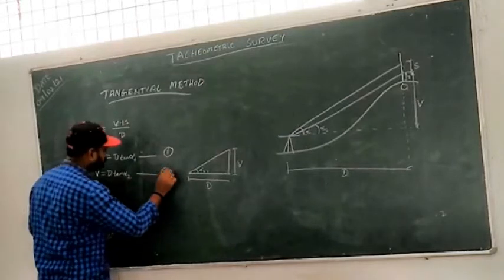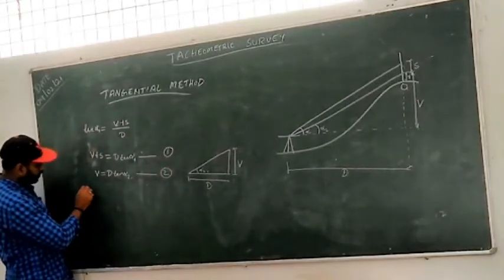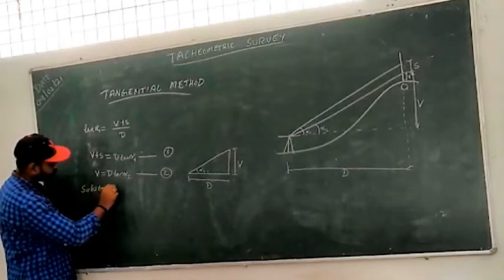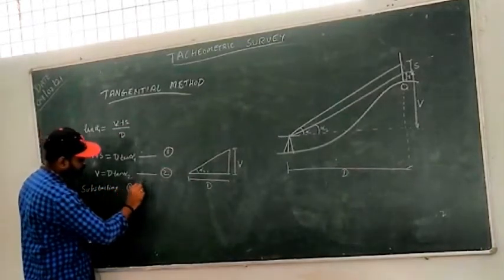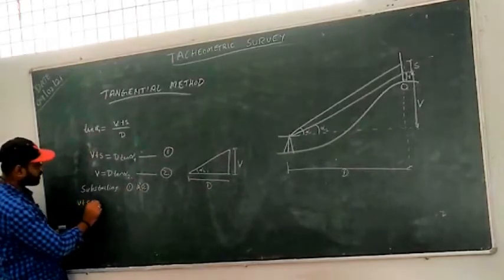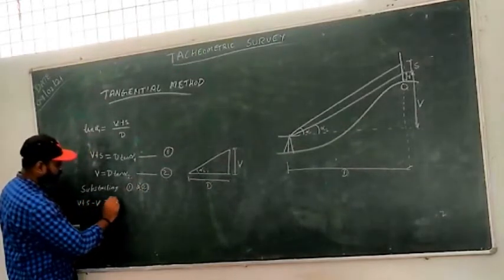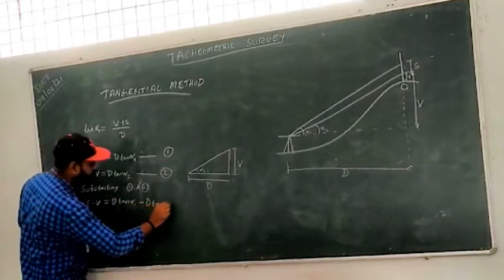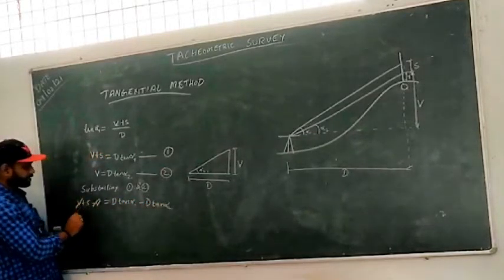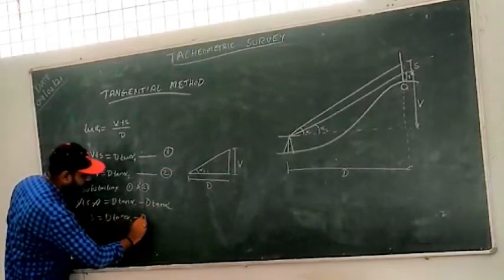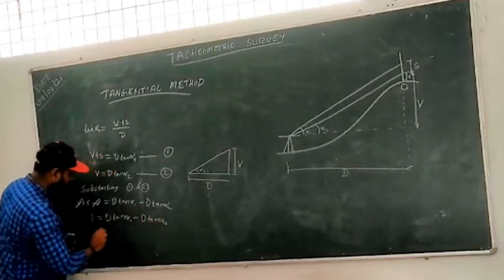Say this is equation number 2. Now subtracting equation 1 and 2, what will we get? V plus S minus V is equal to D tan alpha 1 minus D tan alpha 2. So V cancels, so S is equal to D tan alpha 1 minus D tan alpha 2.